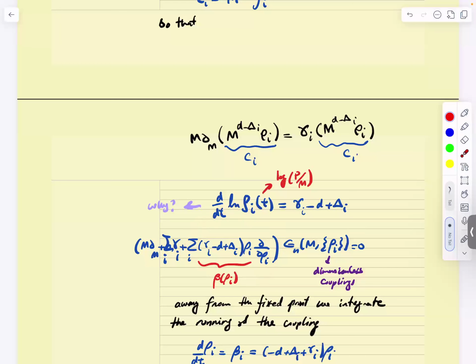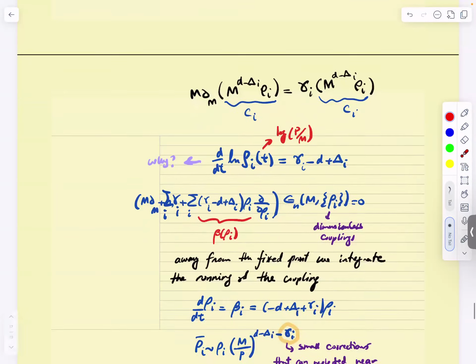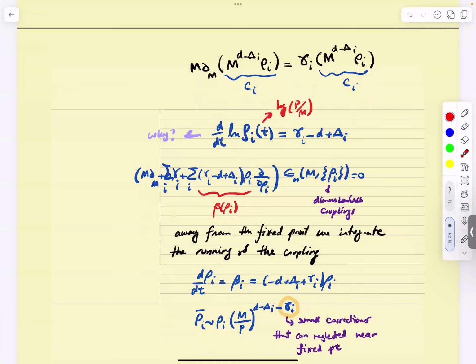And now these are related to the beta functions, right? Any questions? Okay. But the idea is that you write everything in terms of dimensionless couplings. The flow of the dimensionless coupling is given by beta of that, right? Which is minus d plus delta_i plus gamma_i, rho_i.